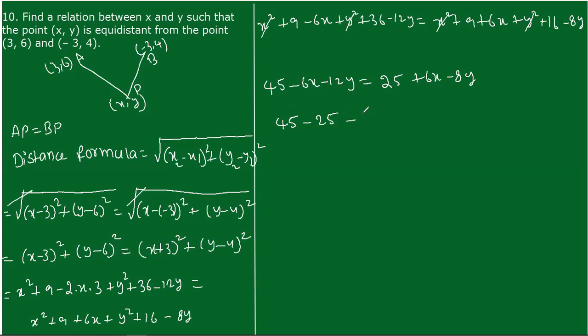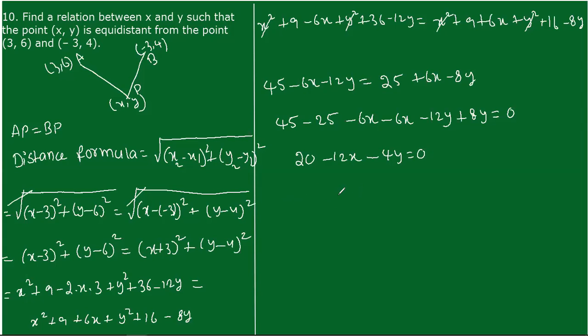I'm taking plus 6x to LHS, it becomes minus 6x, and minus 12y. I'm taking minus 8y to LHS, it becomes plus 8y. So finally it is equal to 0. So 45 minus 25 is 20, minus 6x minus 6x is minus 12x, and minus 12y plus 8y is minus 4y, equal to 0.